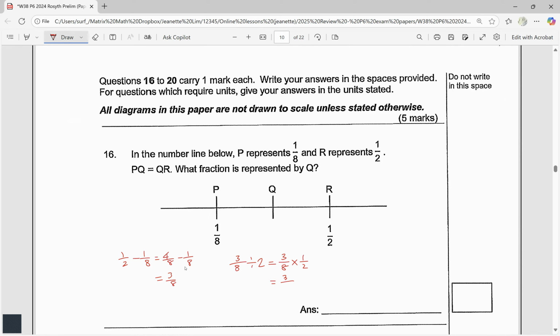So this will be 3/16. Okay, so here plus 3/16. So now we add from 1/8. If we add 3/16, that will be 5/16. Okay, so the answer for Q is 5/16.